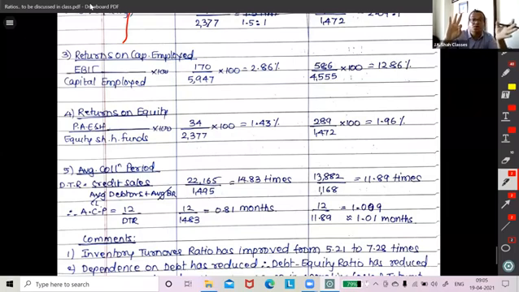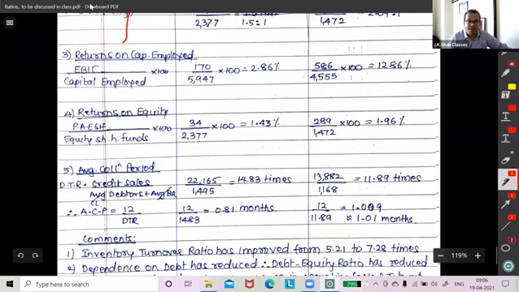Who's kicked out? Preference capital is kicked out. Correct, friends? Right? Here, any explicit information about preference capital is given? No, not given, sir. What does it mean? Preference capital is nil, sir. And if it is nil, then we all know that equity shareholder fund and shareholder fund are one and the same, right?